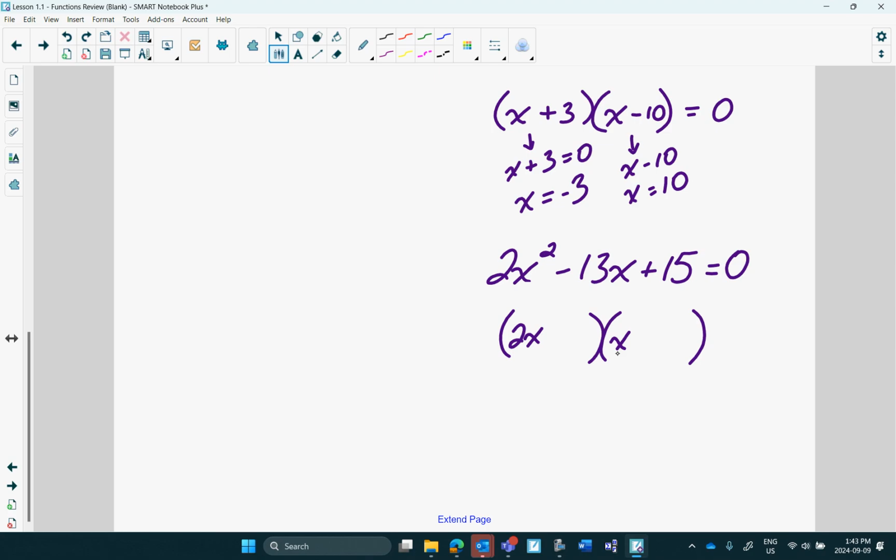They either both have to be positive or both have to be negative, but because there's a negative in here, they have to be negative. If this was plus 13, then these two signs would have to be plus. Now, 15: 3 and 5, you've got to figure. 15 and 1 is another pair, but remember I always say try the pair closer to each other. So it's either going to be 5 and 3 or 3 and 5.